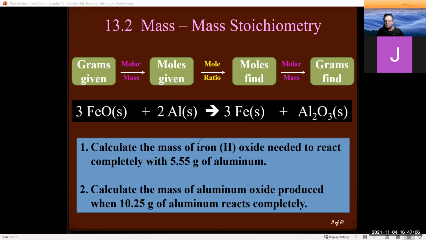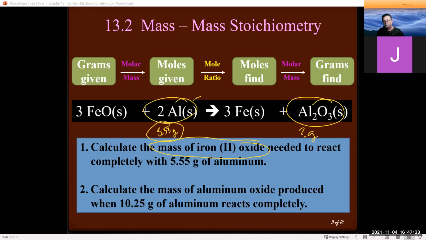And they're asking, calculate the mass of iron 2 oxide. So iron 2 oxide is as follows. Question here is, how many grams are needed to react completely with 5.5 grams of aluminum.